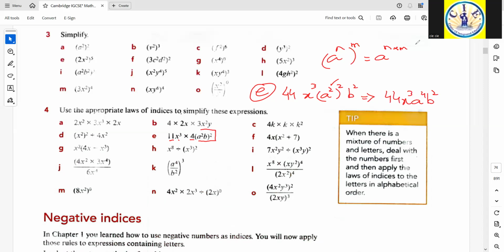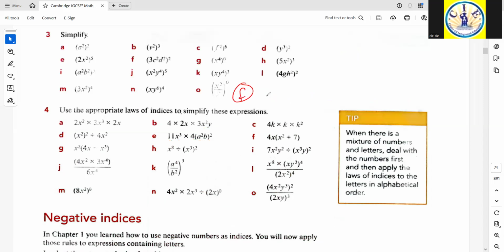Now for part F, 4x is to be multiplied by x squared. That will give us 4x cubed plus 4x is to be multiplied by 7. Answer is 28x. So this is how it is to be simplified.